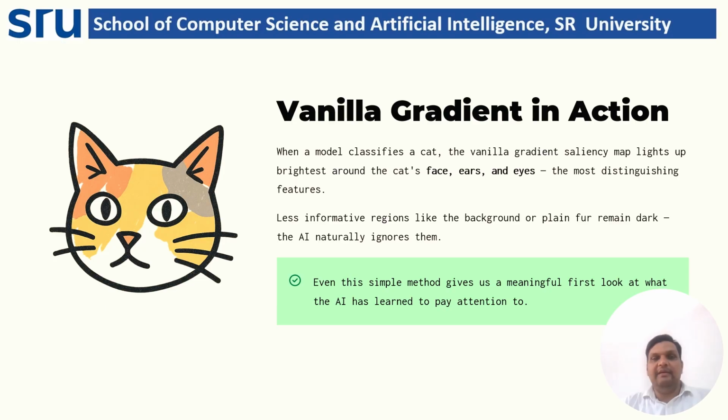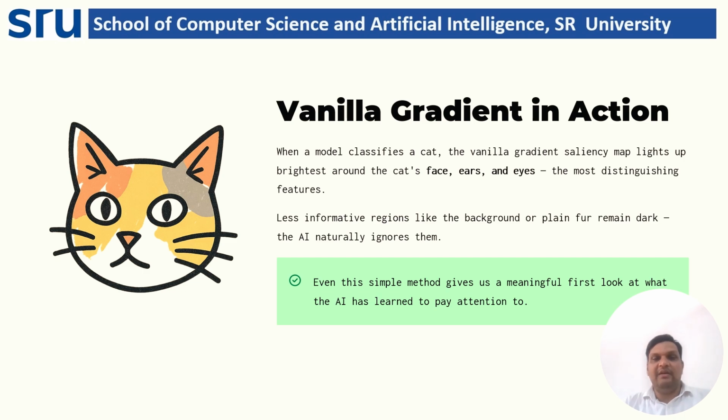Vanilla gradient in action. When the model classifies a cat, the vanilla gradient saliency map lights up brightest around the cat's face, ears, and eyes. The most distinguishing features.